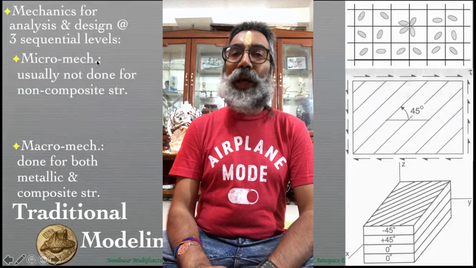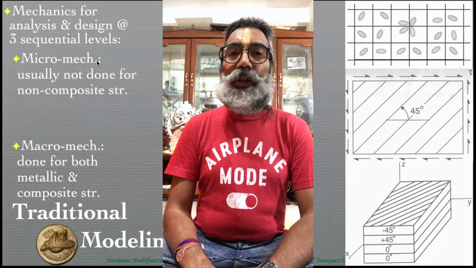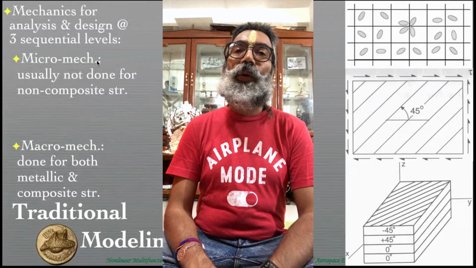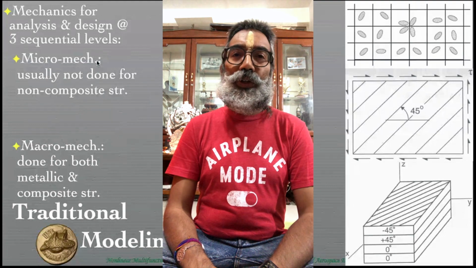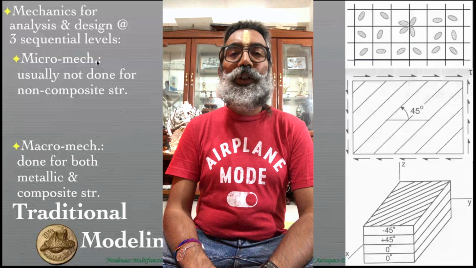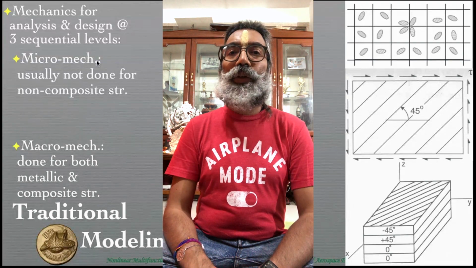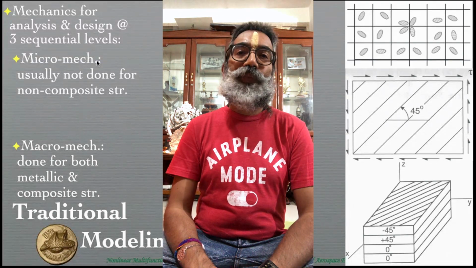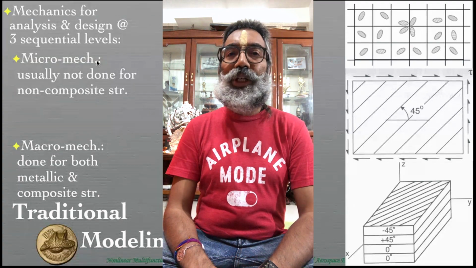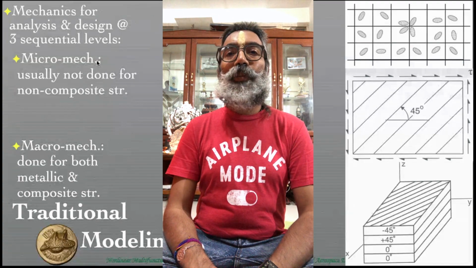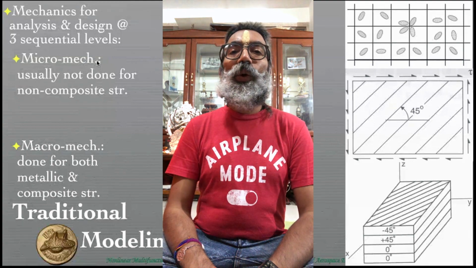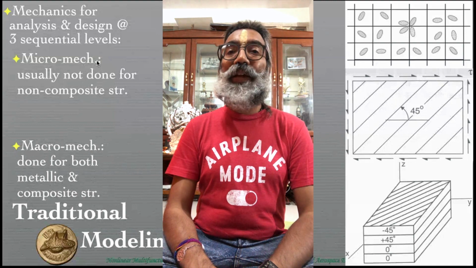So the micromechanics for metals is something that only material scientists typically do, where they look at the granular structure, the crystallinity, whether it is multiple crystals, polycrystal, or a single crystal, and if it is multiple crystals, how those grains are and how the grain boundaries are, how you can strengthen the grain boundaries to avoid cracks occurring at them, etc. Those are all things which typically material scientists look at.